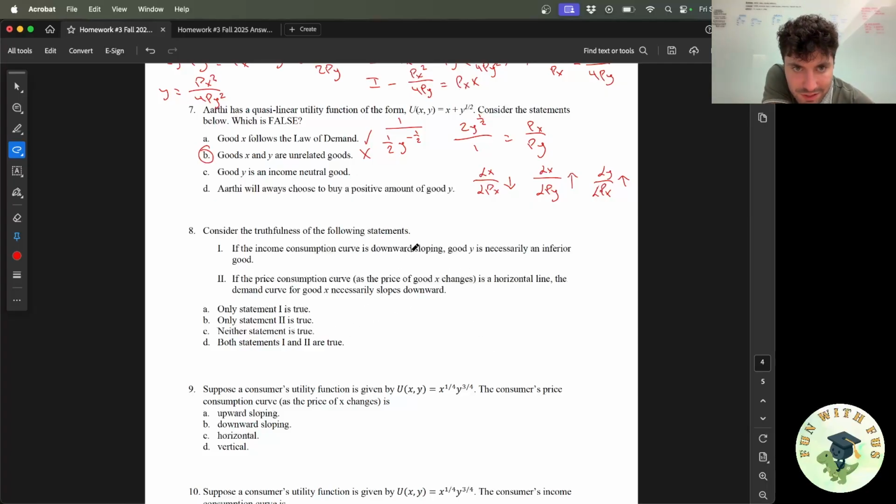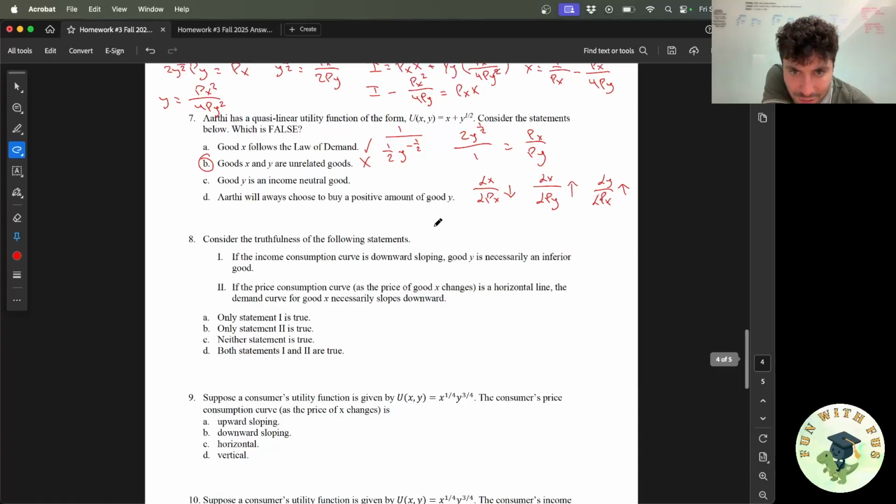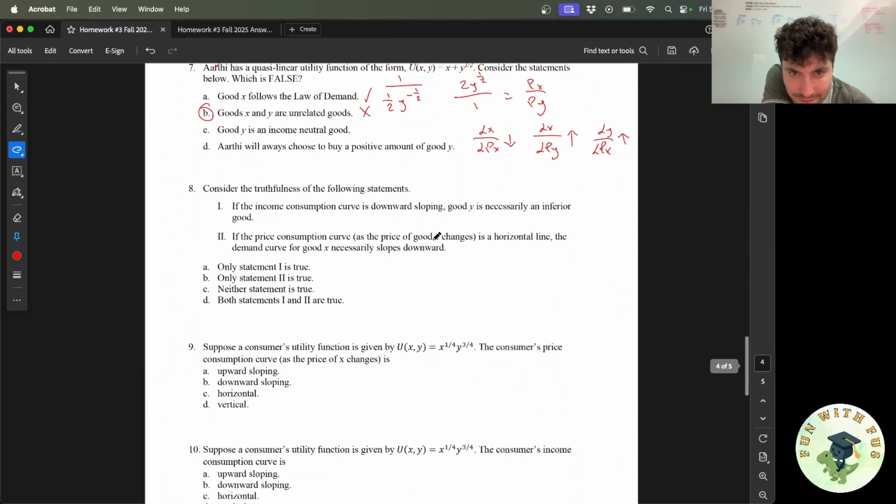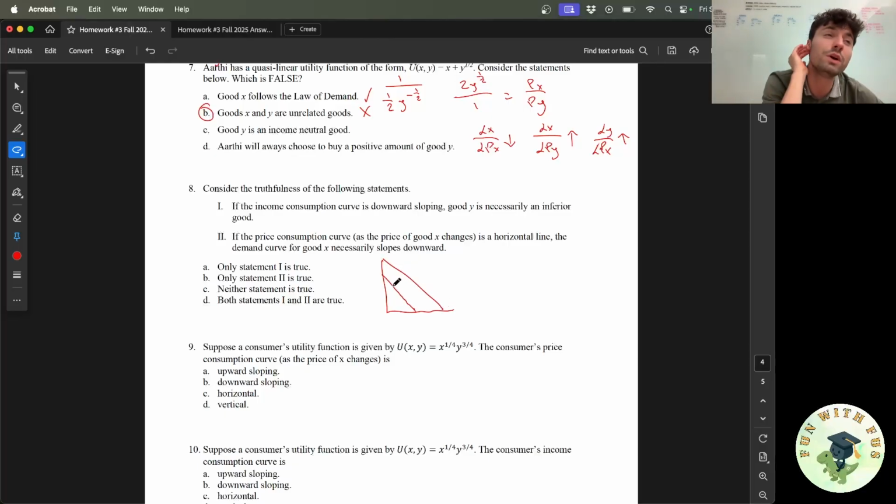Okay, this one looks very similar to the one from above. If the income consumption curve is downward sloping, good y is necessarily an inferior good. So we're talking about the income consumption curve, so we're going to have one of these again.